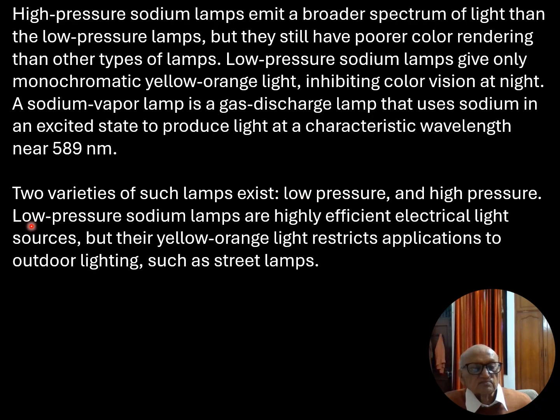Low pressure sodium lamps are highly efficient electrical light sources, but their orange monochromatic light restricts application to outdoor lighting such as street light. As I told you, they are provided in railway marshalling yards, at airports, and some places where less humans are involved.